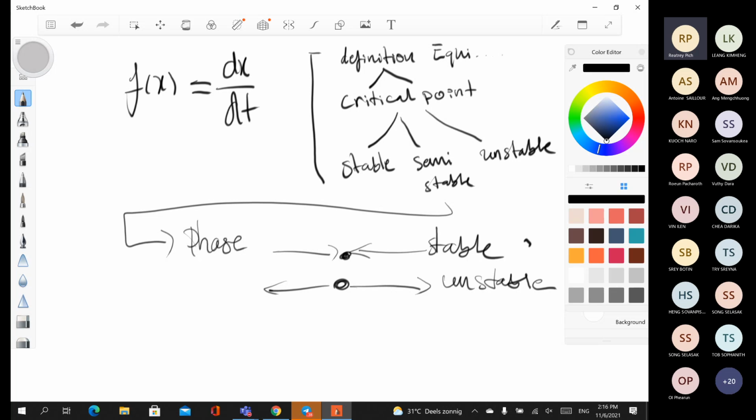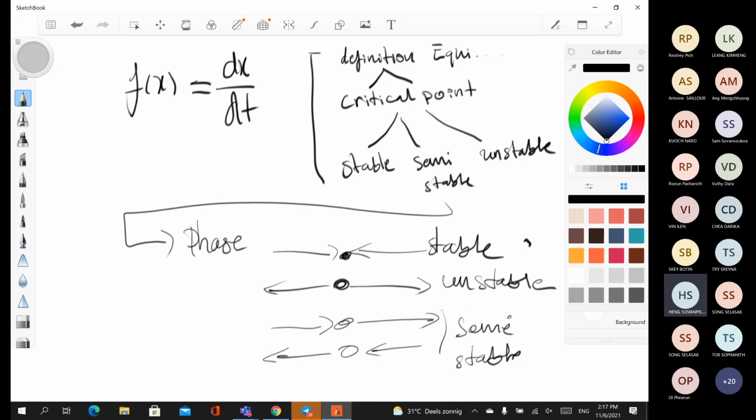When we talk about semi-stable, it means that one side tries to leave and one tries to reach. So there are two cases for semi-stable: one tries to reach, one tries to leave, or you can say this one. So this one is semi-stable.